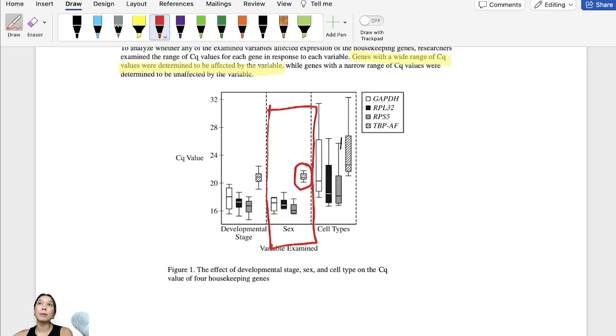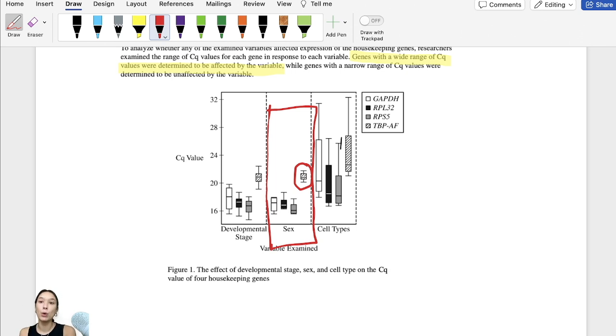Okay? So you have to think about what makes a good control, right? We choose controls based on how consistent they are. Okay? So you use your control as a reference. You are comparing this back to your control. And you're comparing another thing back to your control. If your control is giving you values that are at a super wide range, it's not a good control. So, like I said, the range of CQ values determines how spread out the data is, right?